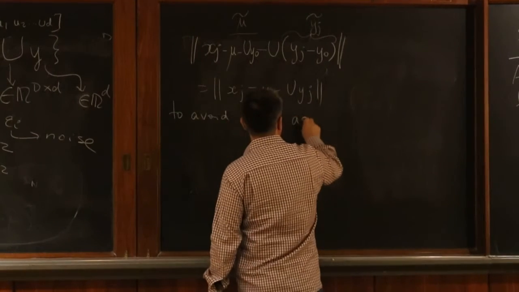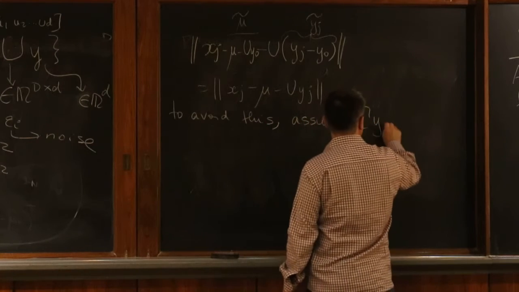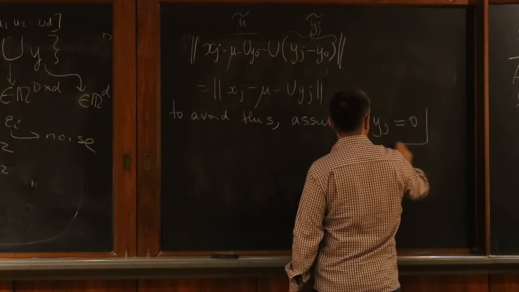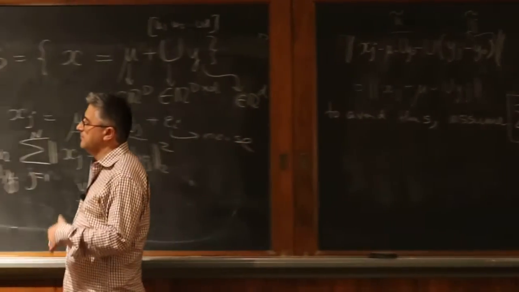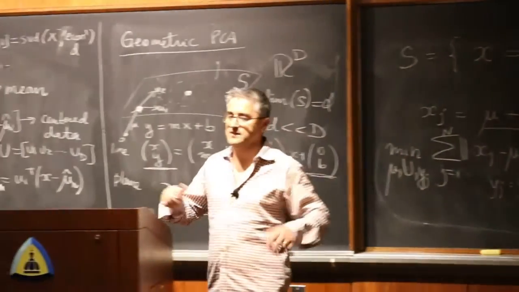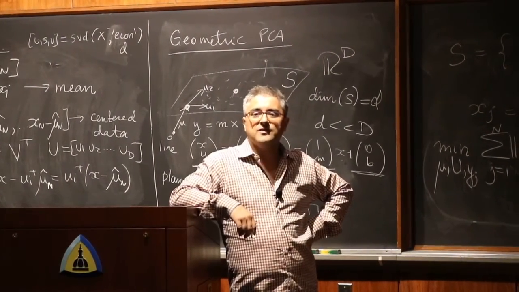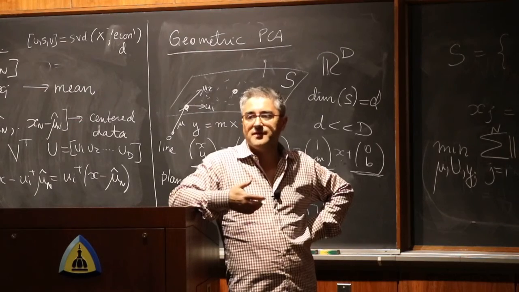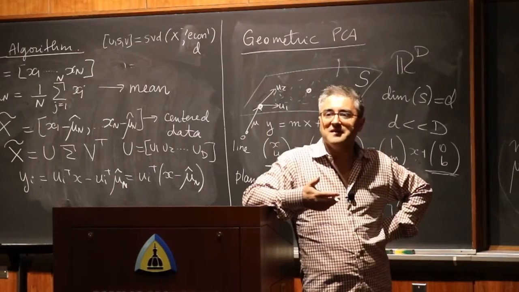And so to avoid this problem, we assume that the sum of the yj's is equal to 0. In other words, we assume that the principal components are centered. What we assume really at the end of the day, and you've probably seen these plots of principal components now, is that the origin is always in the middle.